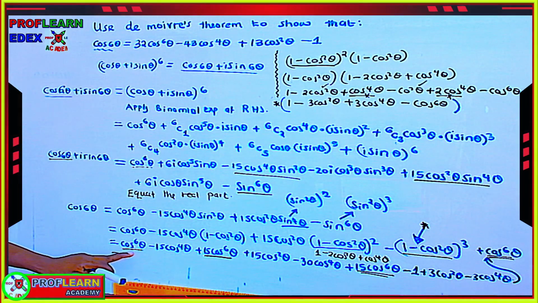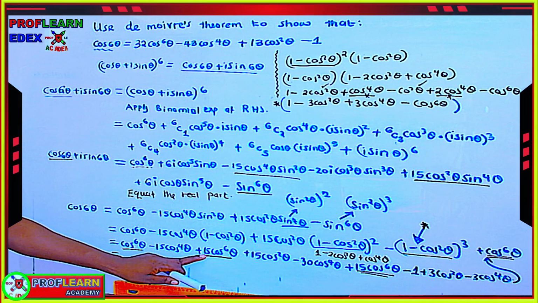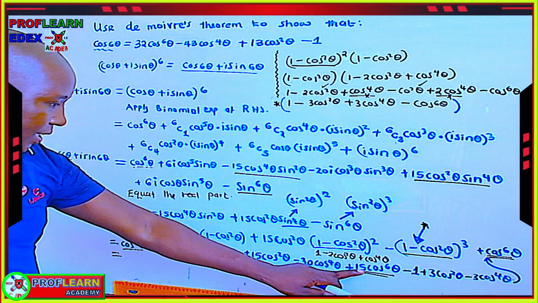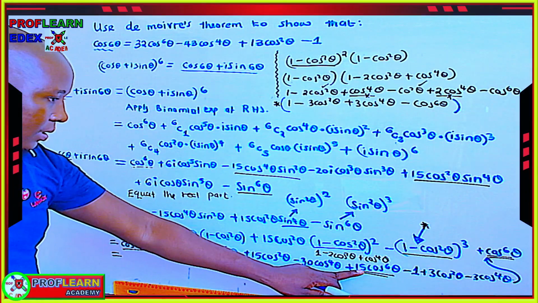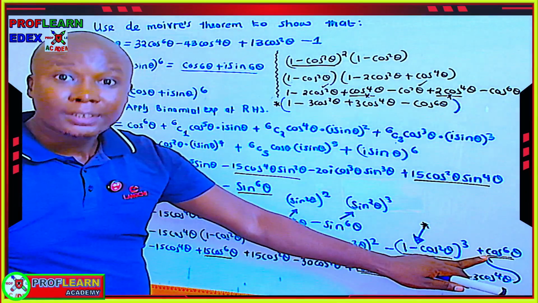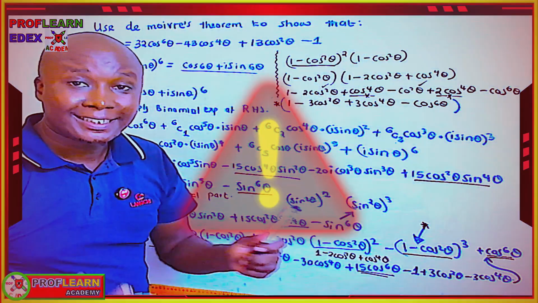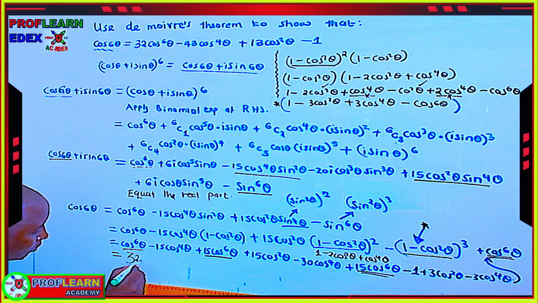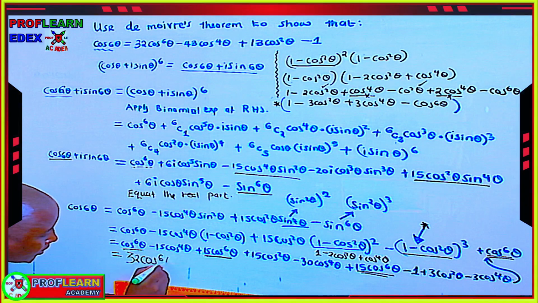This is 1 plus 15 plus 15, that becomes 31, plus 1. That gives us what? 32. Good. We have 32 cos power 6 theta.